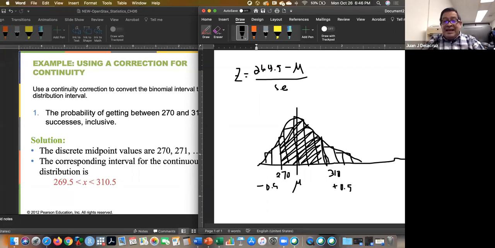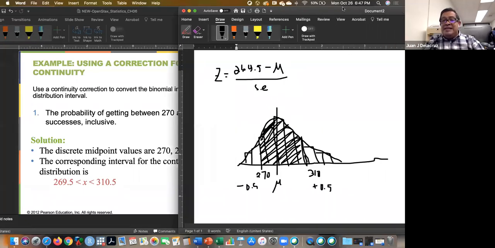Remember, the standard error is going to be sigma divided by the square root of the sample size. That is going to be one of the values when I am looking for the area under the curve. I'm subtracting 0.5 to the left, adding 0.5 to the right.